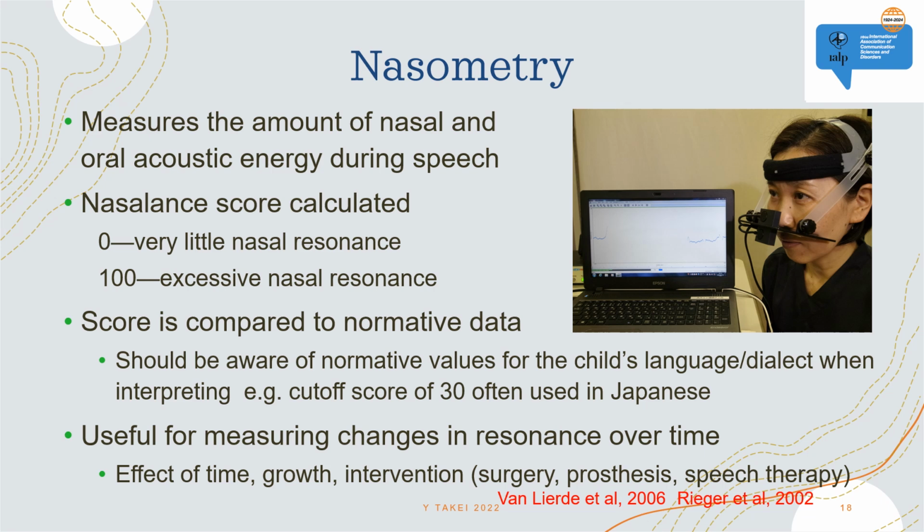So you should be aware of normative values for the child's language or dialect when interpreting the results. Nasometry is useful for measuring changes in resonance over time, including the effects of time and growth, and changes following surgery, prosthetic intervention, and speech therapy.